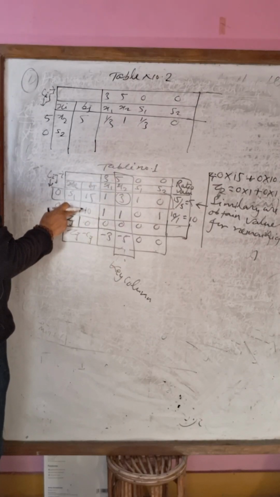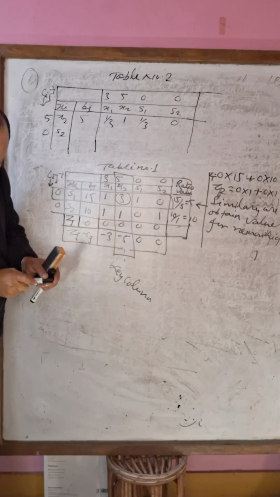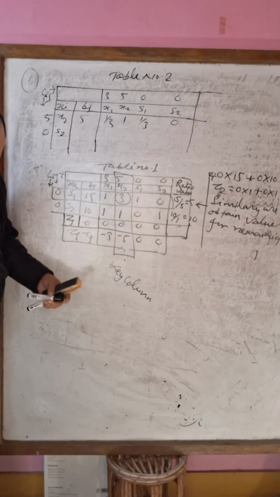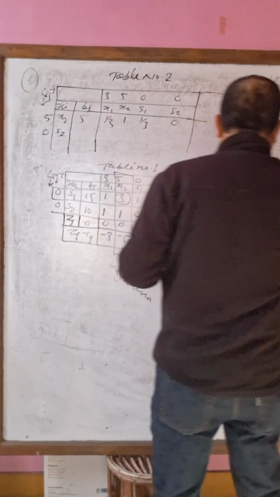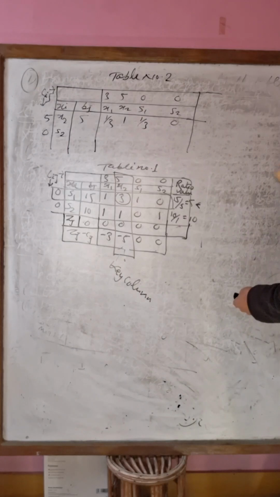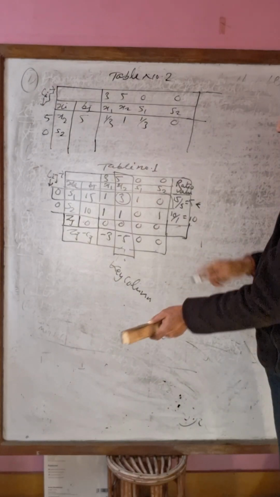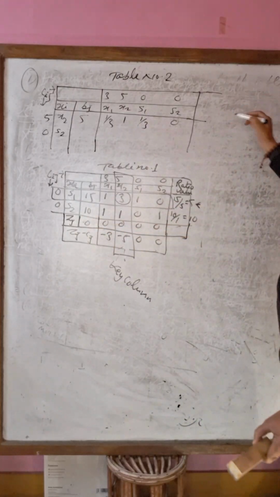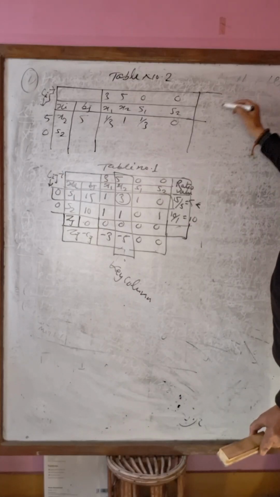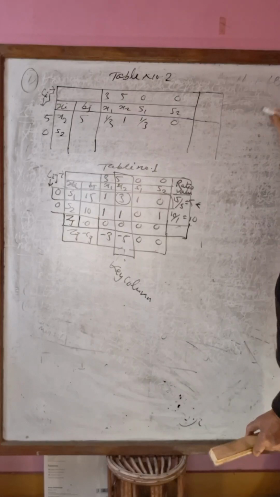And next, just one rule we should keep in our mind, and that rule I am going to tell you. Okay, for the second non-key row, the calculation will be as follows. I am going to write it.